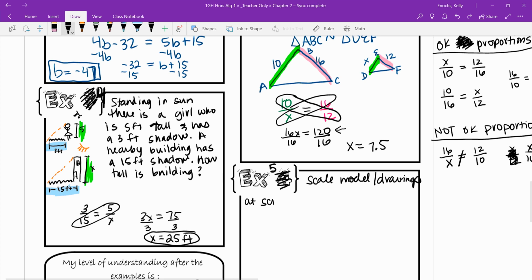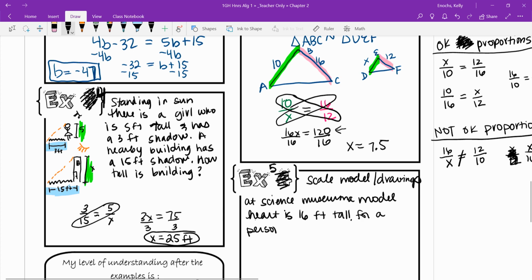Okay, so at a science museum, a model heart is 16 feet tall for a person who is 170 feet tall.